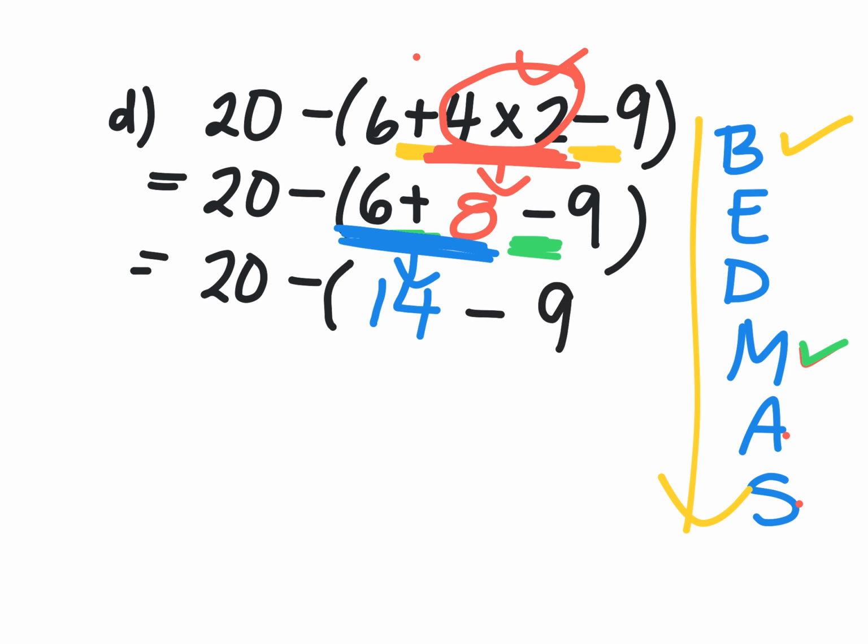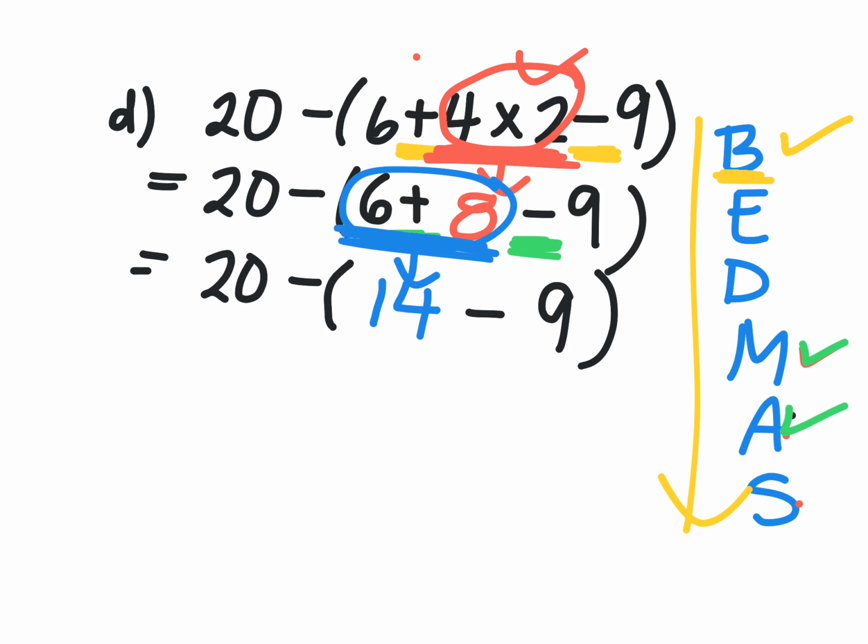We still haven't done anything with this minus 9. Are we done with the addition inside the bracket? Yes, we completed this. Now we still are not done our bracket. What's the last step inside the bracket? 14 minus 9. Good.